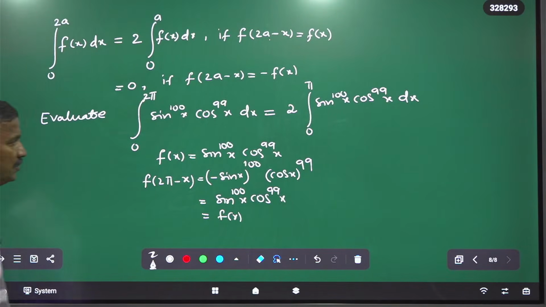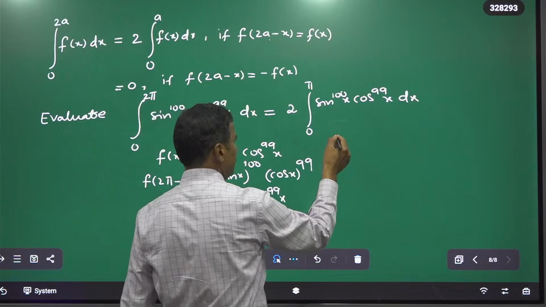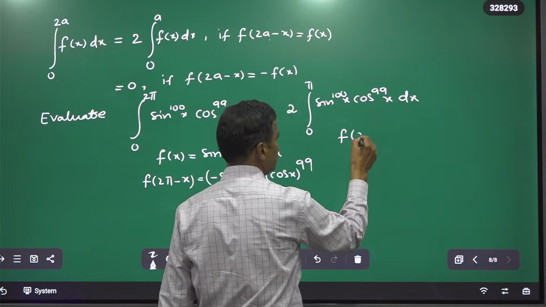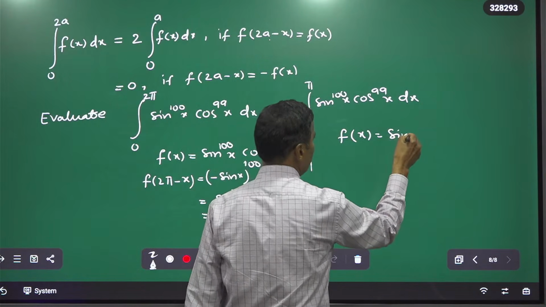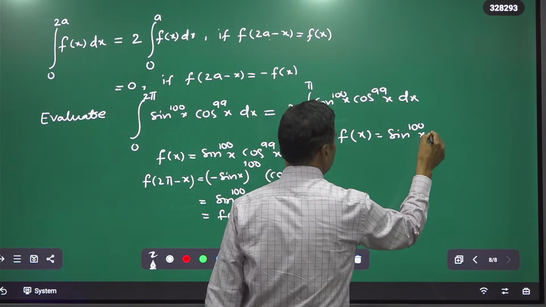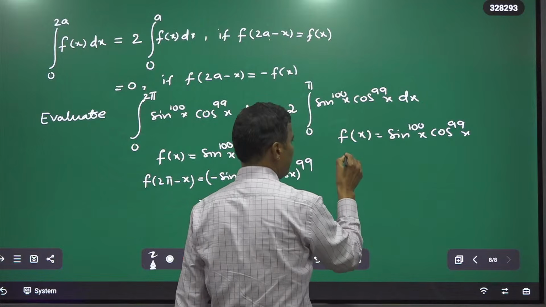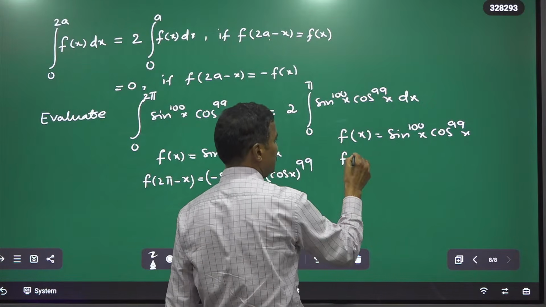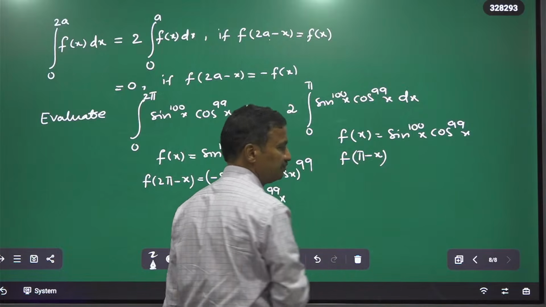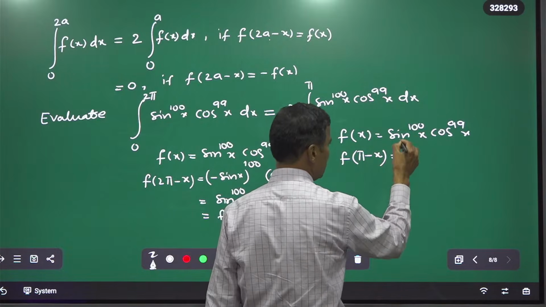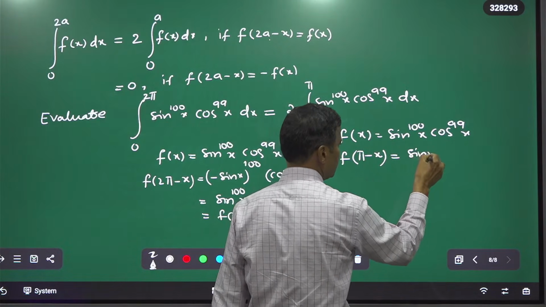Now, again, here you take f of x is equal to sin of 100x into cos of 99x. Then f of pi minus x: here pi is there, so you can write pi minus x. And we know that sin of pi minus x is sin x only, so we will get sin x to the power 100.